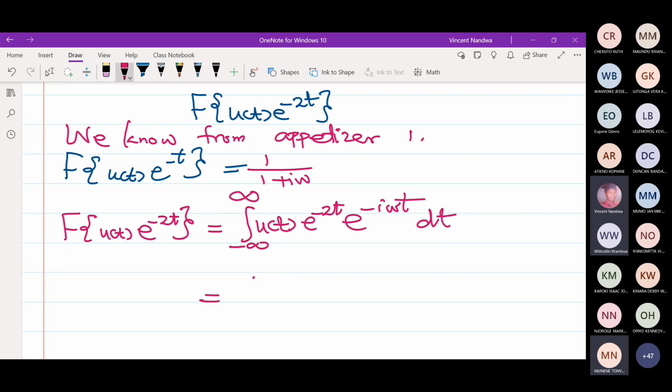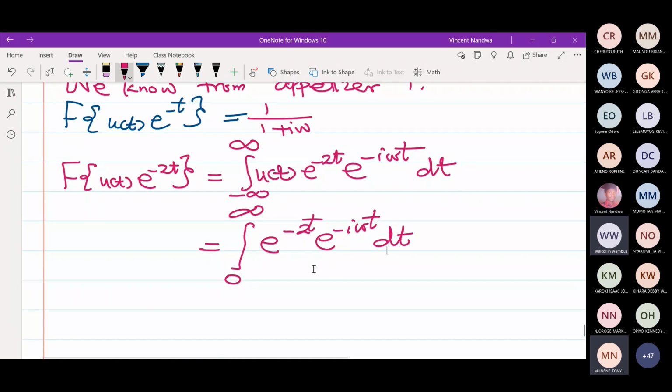So this is just the integral from 0 to infinity. Now u of t will be 1, so we'll have e raised to power negative 2t times e raised to power negative i omega t dt, since f of t equals 0 in the interval minus infinity to 0.